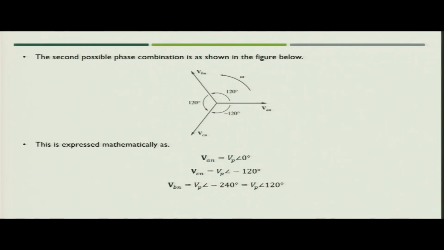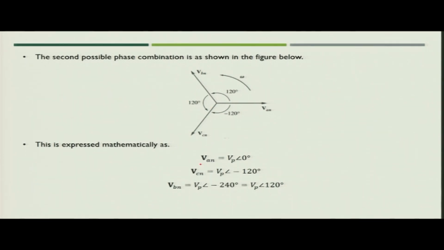Now, there is another phase combination where the phase A voltage leads the phase C voltage by 120 degrees and the phase C voltage leads the phase B voltage by 120 degrees.